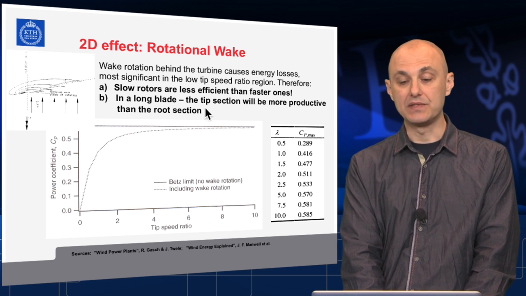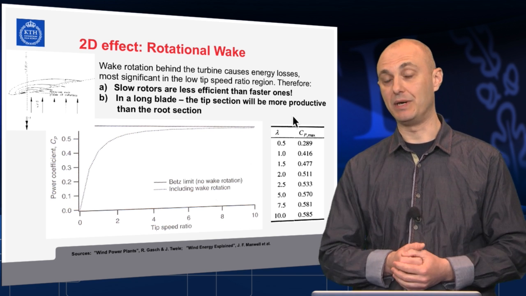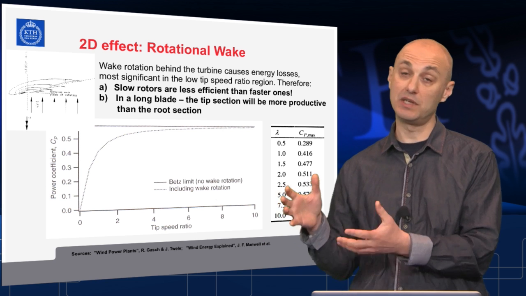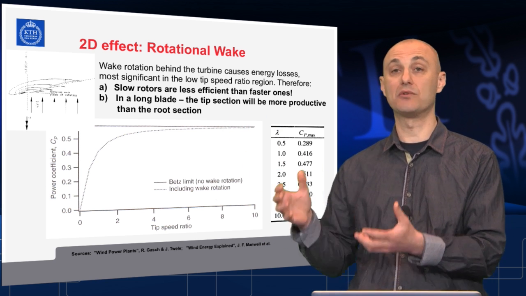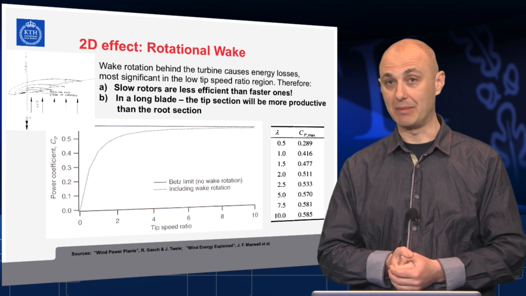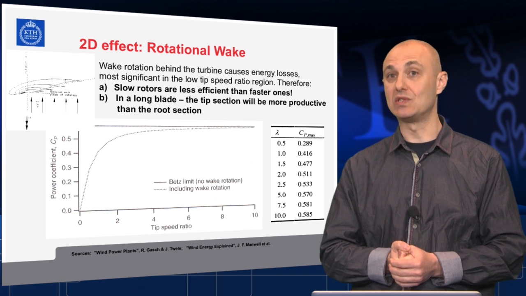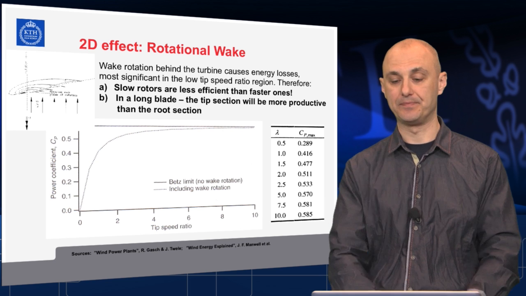In very long blades, the tip section is the most productive and efficient part, while the root section should be mechanically strong to carry the rest of the blade and the enormous forces there, but it is not very productive aerodynamically. And the root of the blade produces the largest amount of wake.